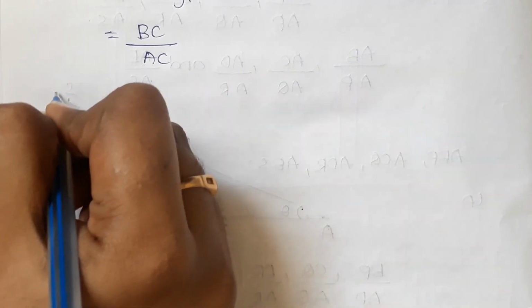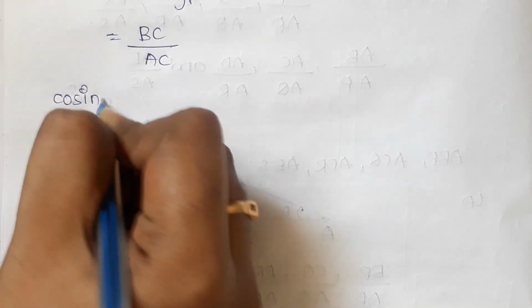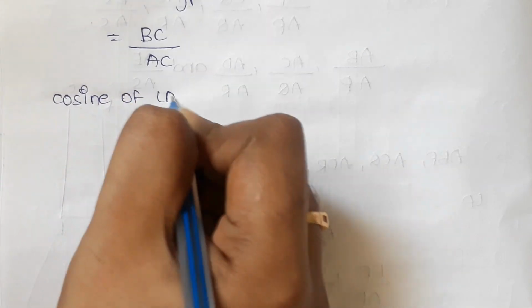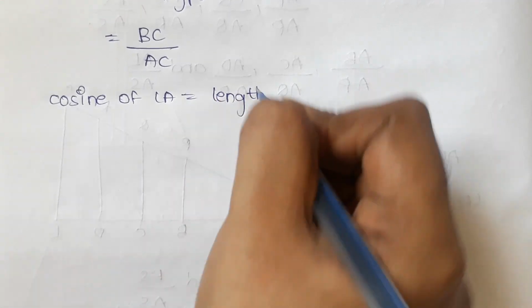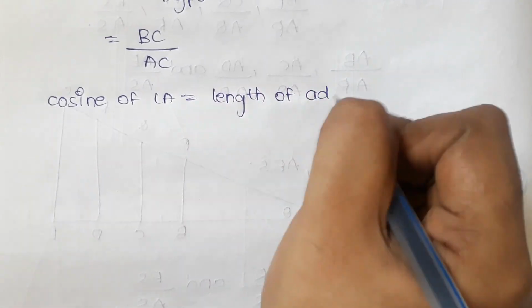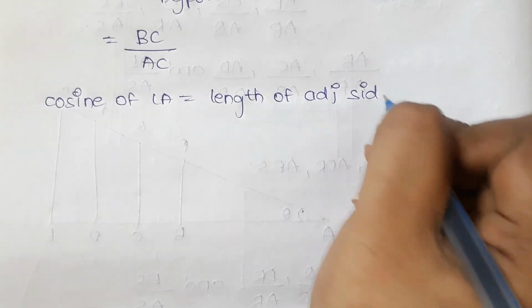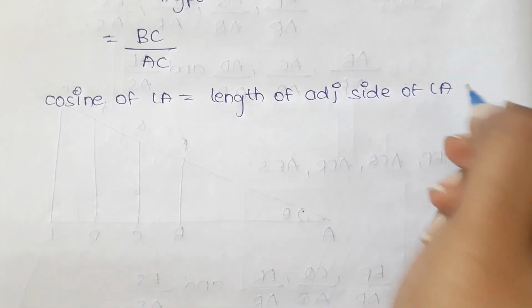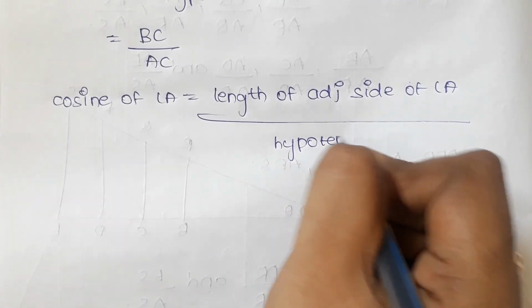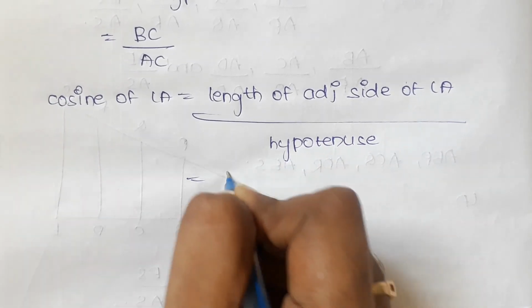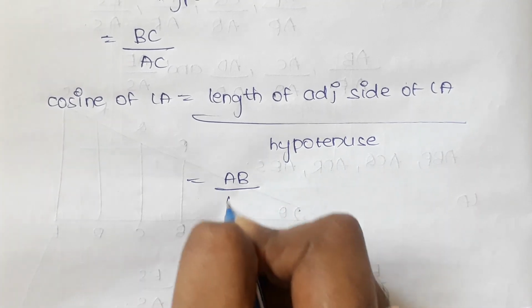And now cosine of angle A is nothing but the length of the adjacent side of angle A by the hypotenuse, that is AB by AC.